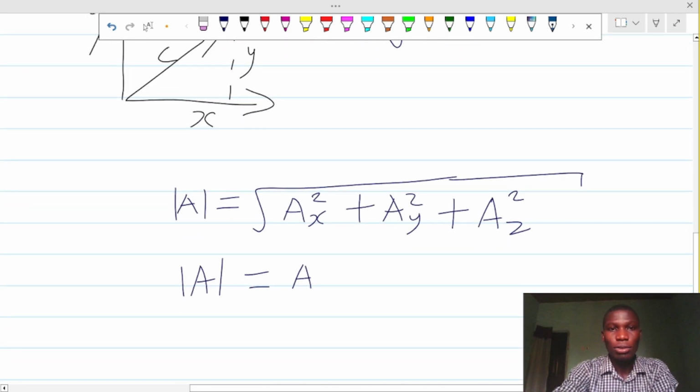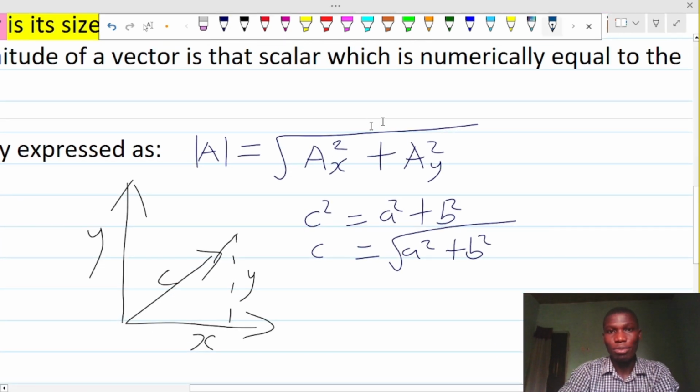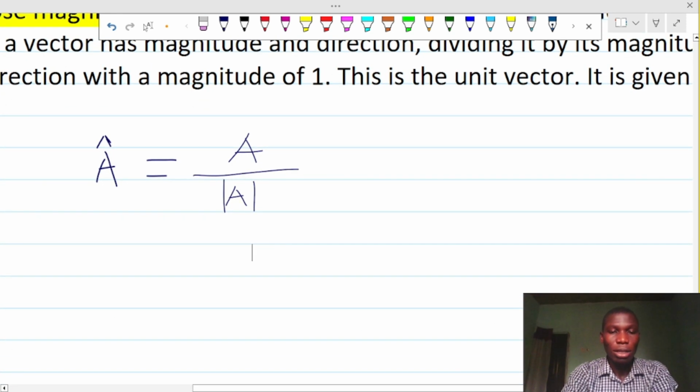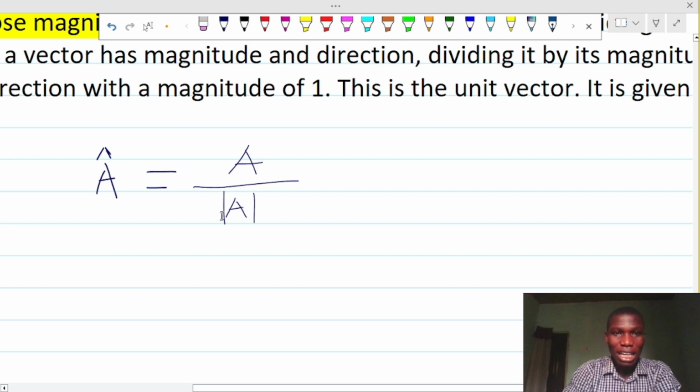And so you see this expression here, we're using it in 2 dimensions. Of course this represents the magnitude of a vector, and this is the vector. So for a vector which has magnitude and direction, if we divide that vector by the magnitude, it will cancel out the magnitude of this vector. What will be left is just the direction.